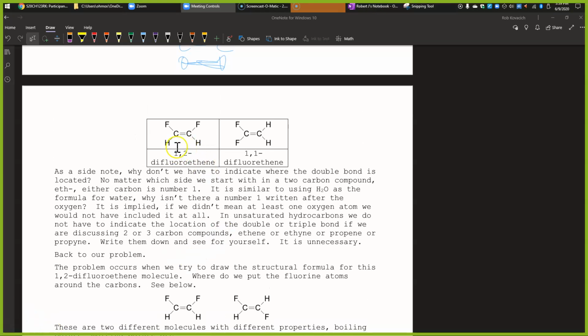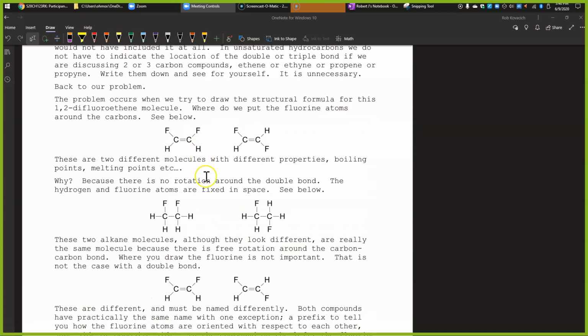So the 1,2-difluoroethane and the 1,1-difluoroethane are not the same molecule because the fluorines are not attached to the same carbons. Down here, though, what's the name for the first molecule here? This one. It's ethane. It's 2 carbons long. What is attached to my 2-carbon chain?